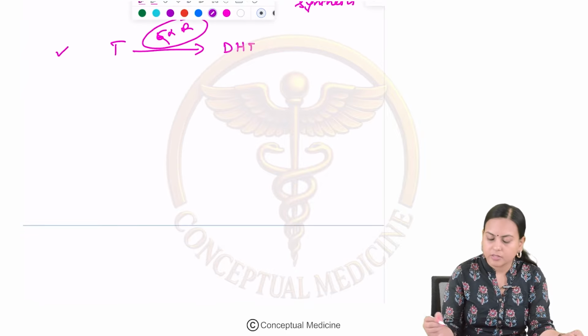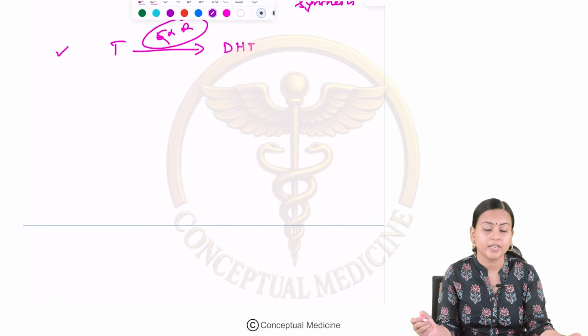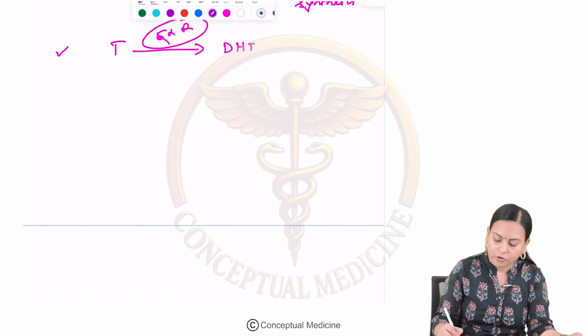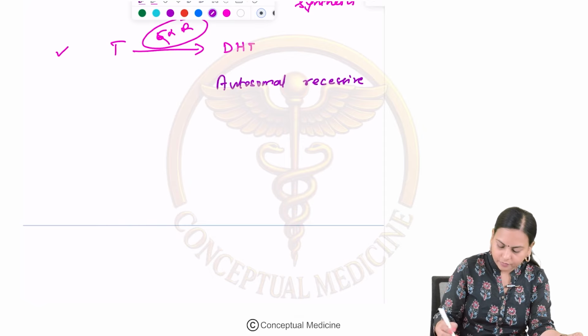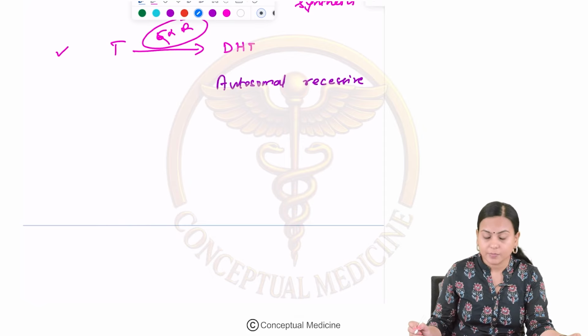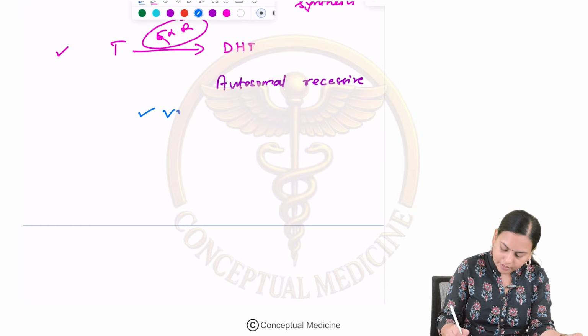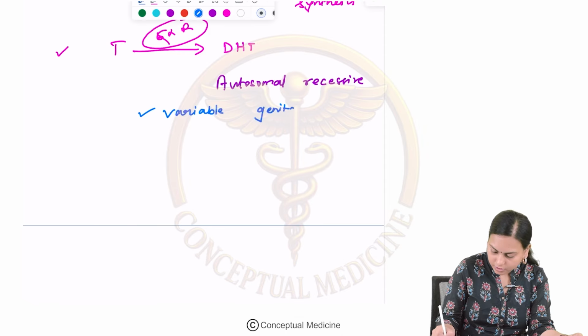Okay, so this deficiency is usually inherited as an autosomal recessive pattern, and presentation in these people will be like they will be having variable genital ambiguity.